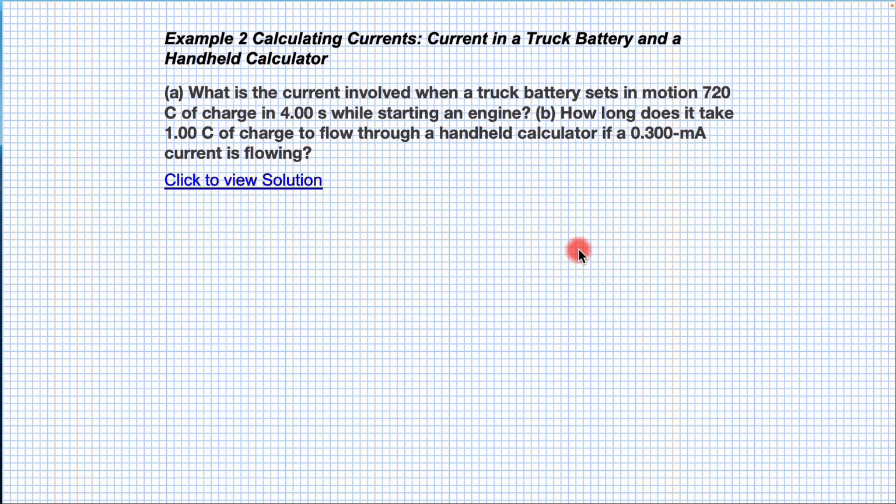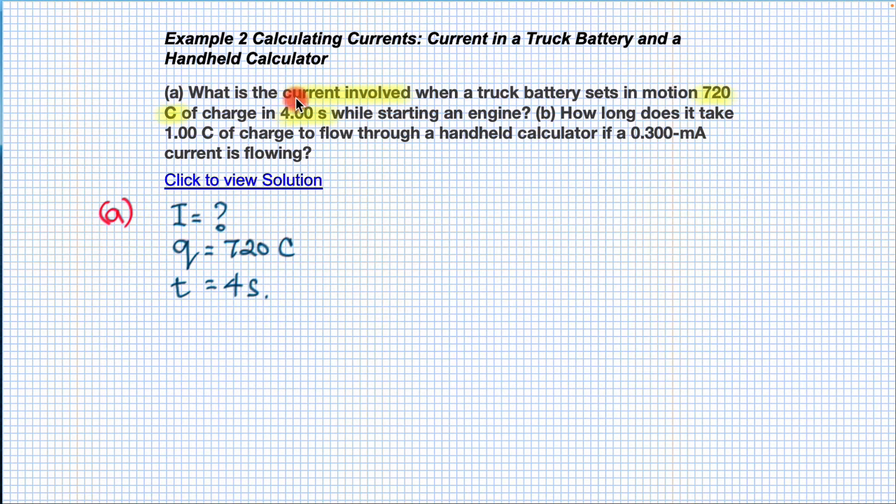Let's have a look at an example of how we can calculate currents in circuits. Here we've got a truck battery and a handheld calculator, and it says: what is the current involved when a truck battery sets in motion 720 coulombs of charge in 4 seconds while starting the engine? Obviously a lot of charge would be required to start the engine, so let's solve this first part.